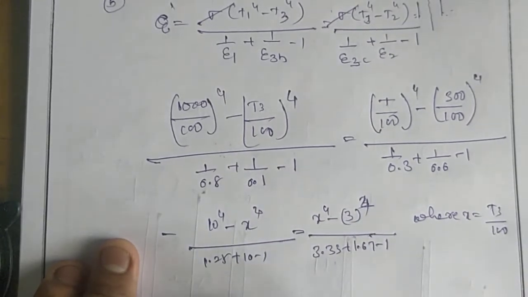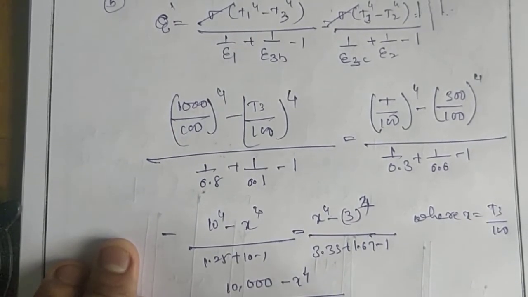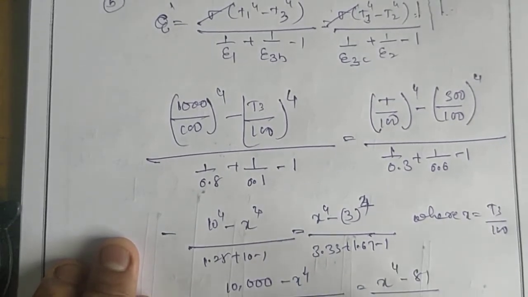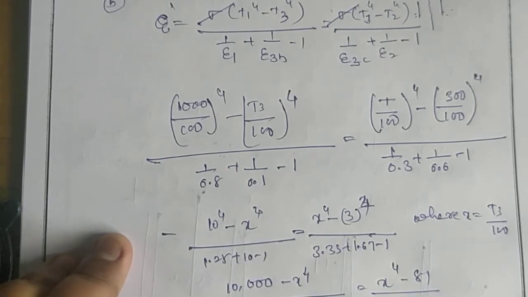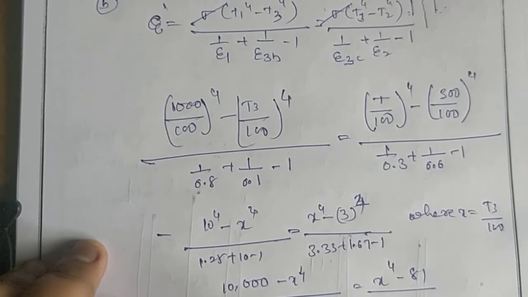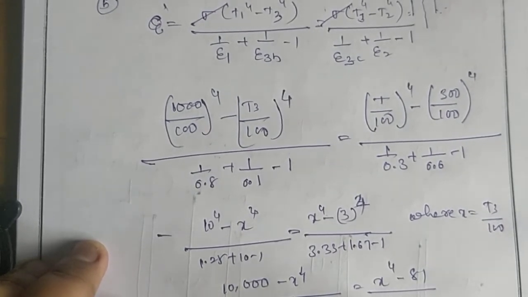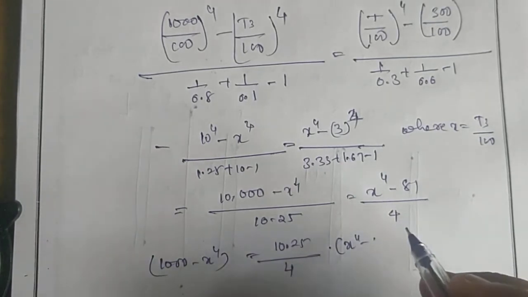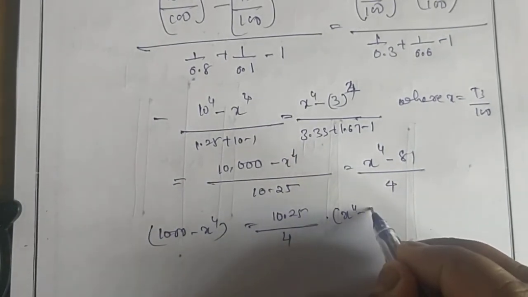So 10.25 is related to x to the power of 4 minus 81 divided by 4. So 10000 minus x to the power of 4, times 4, is equal to 10.25 times (x to the power of 4 minus 81).